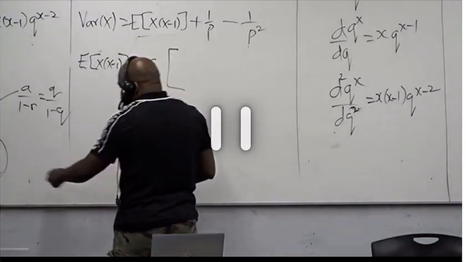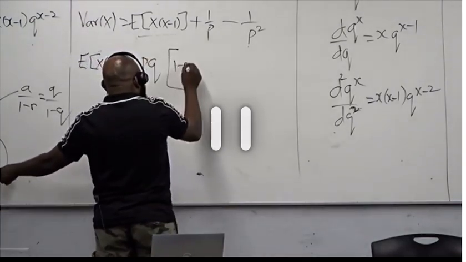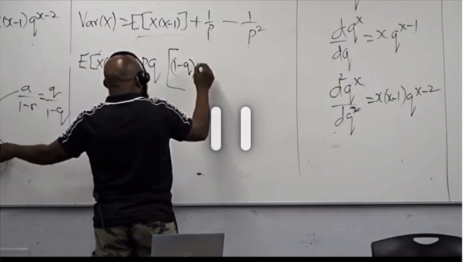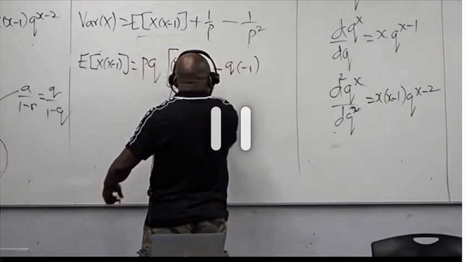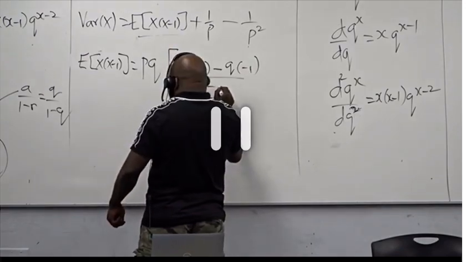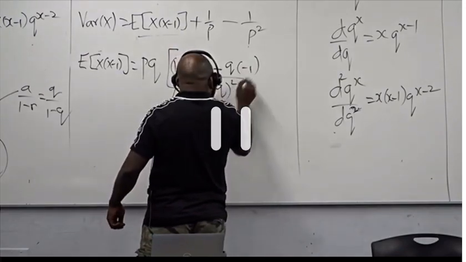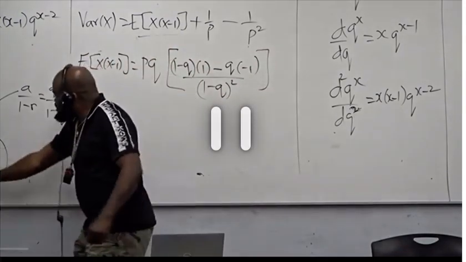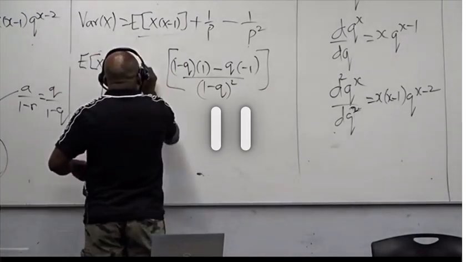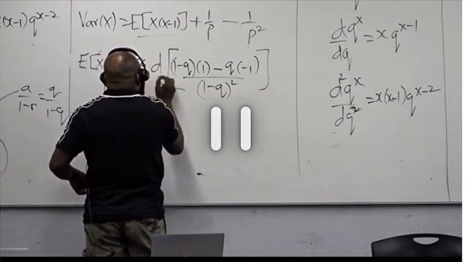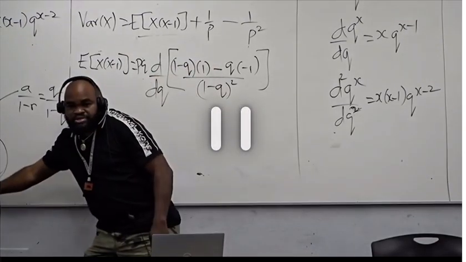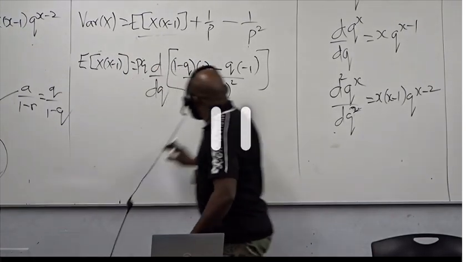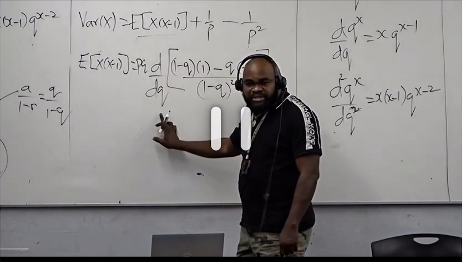The first time: 1 minus Q, differentiate that, minus Q into negative 1, divided by 1 minus Q squared. When I differentiate the first time, this reduces from d squared dq squared to the first derivative d dq.